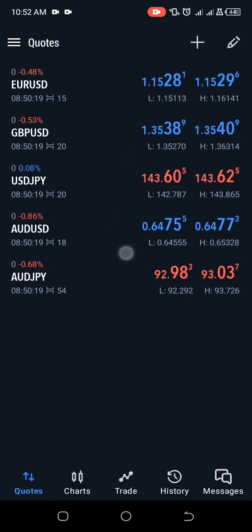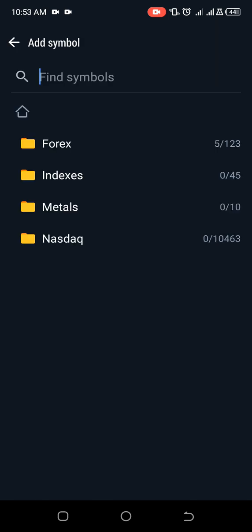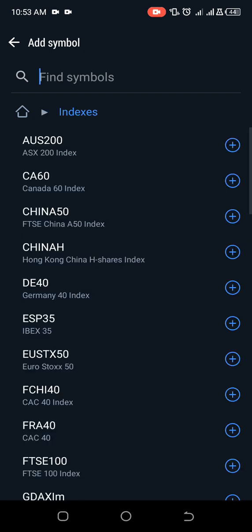So mostly the currencies that we trade, or the instruments that we trade, they are called instruments. Note, instrument. The instrument that we trade. So when you go here, forex is an instrument, indices is an instrument, metals are an instrument. Let's go through. So indices are products or services that are added together.